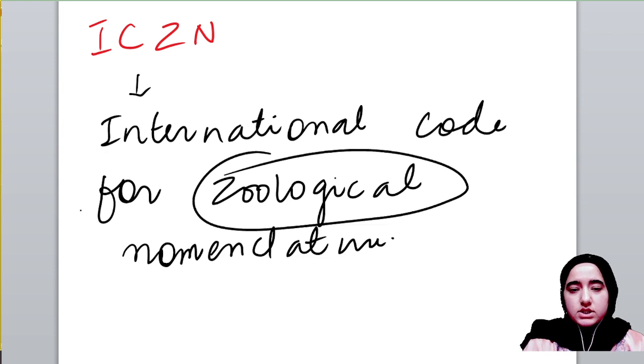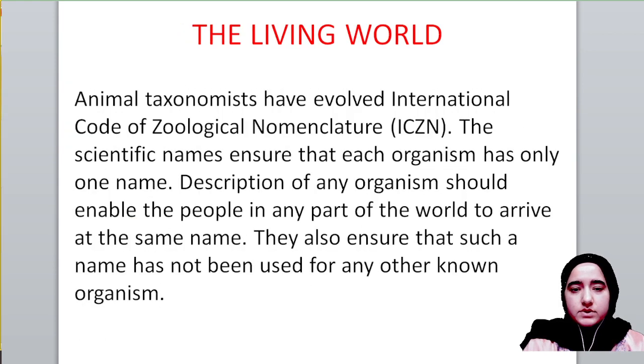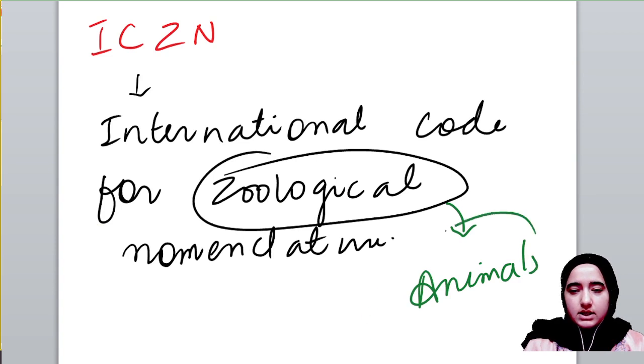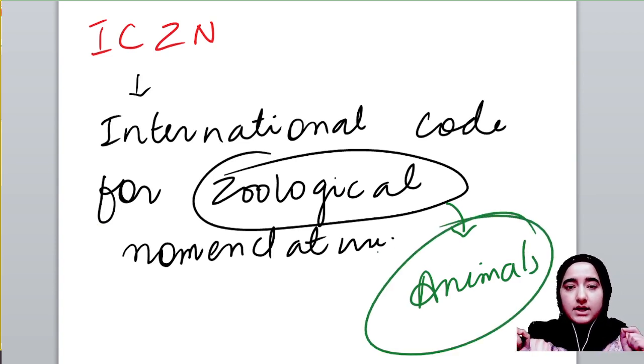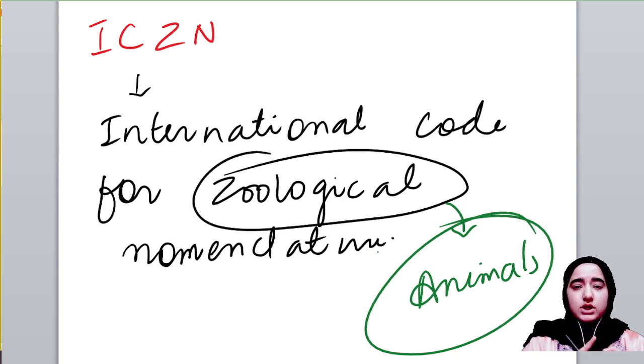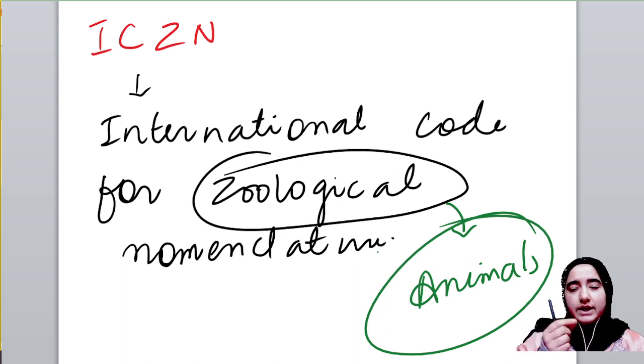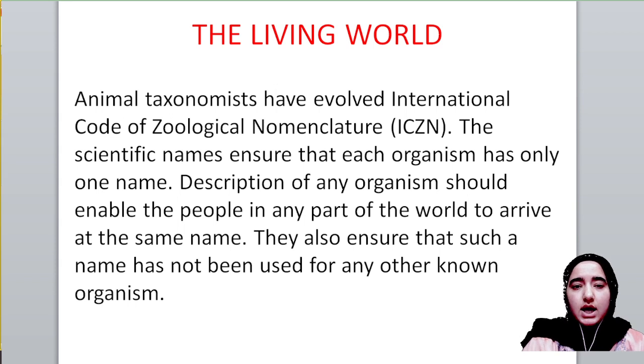Since here comes zoological, it means we are talking about animals. Please remember, naming of plants is done by ICBN, International Code of Botanical Nomenclature, and nomenclature of animals is done by International Code for Zoological Nomenclature. Please don't get confused between both of them. As I already mentioned, botanical means related to plants, zoological related to animals, so there is no need to get confused in them.